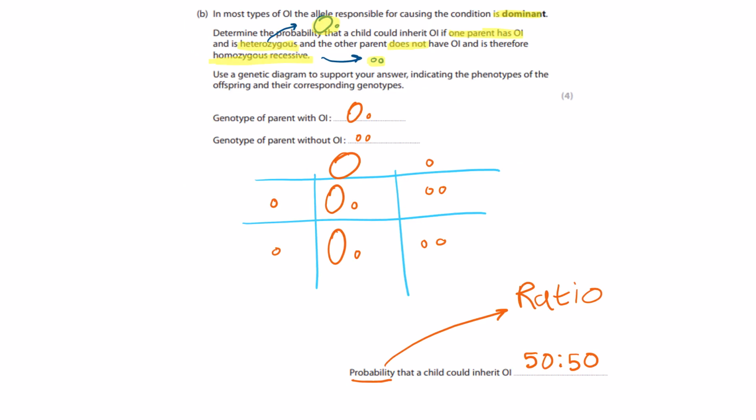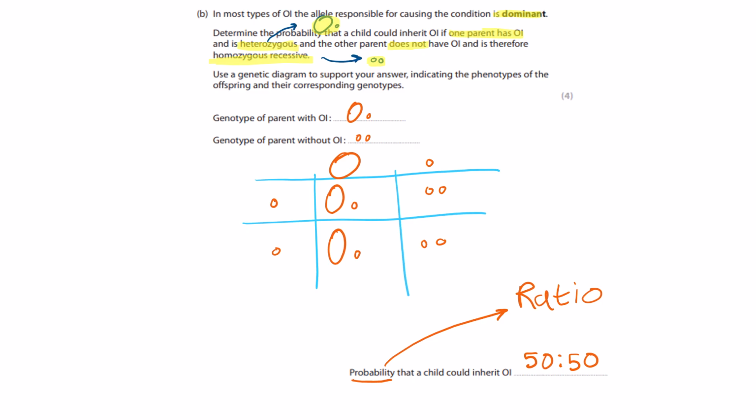Okay, in most types of OI, the allele responsible for causing the condition is dominant, meaning it has to be a capital O. Determine the probability that a child could inherit OI if one parent has OI and is heterozygous. Hetero meaning different. So that means one O is dominant and the other O is lowercase.